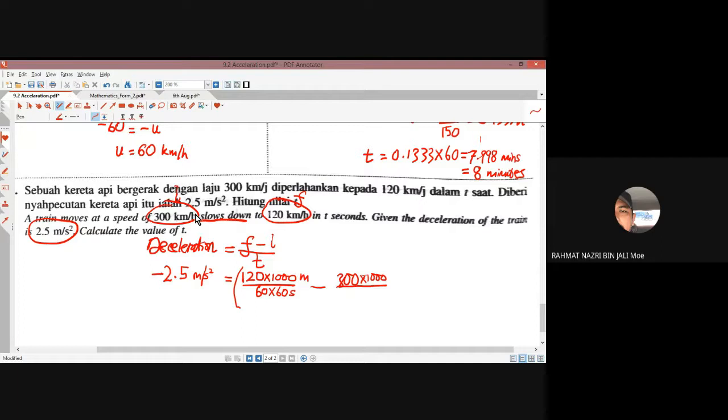And then hour, we convert to second, 60 multiply by 60. Kemudian T masih di bawah ini.